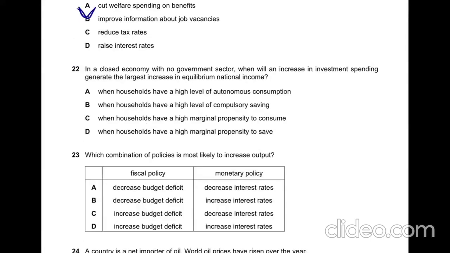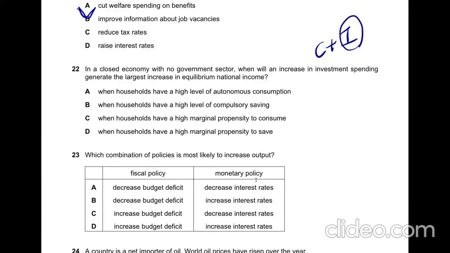Question 22. In a closed economy with no government sector, when will an increase in investment spending generate the largest increase in equilibrium national income? Let's assume there's no G and no net exports, so you only have C and I. I is the initial spending, and then it's going to boost the spending of other individuals, which is explained by the theory of the multiplier effect.